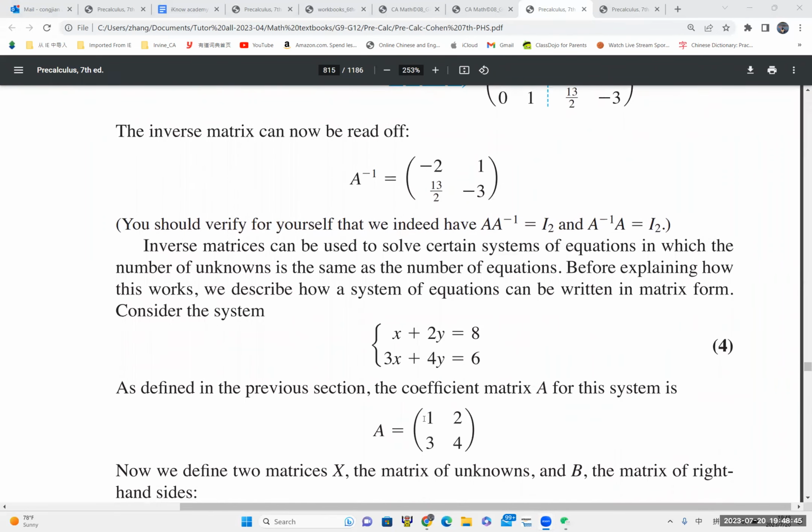Anyway, if A is 1, 2, 3, 4, then the inverse of A is this. Because only this multiplied by this, you get a unit matrix, a 2 by 2 unit matrix.